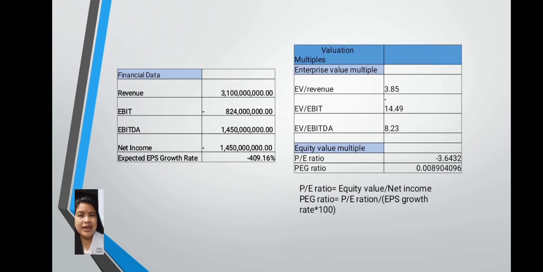So this negative 3.6432 indicates that the company is losing money. So we concluded that the company is losing money because of the environmental factors that the company is out of control. So that's all.